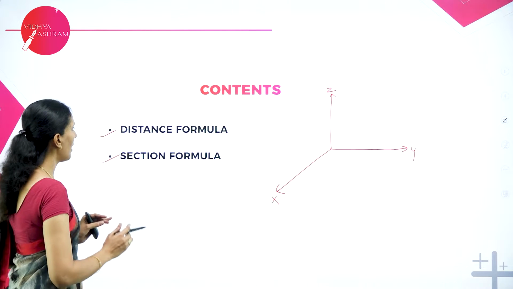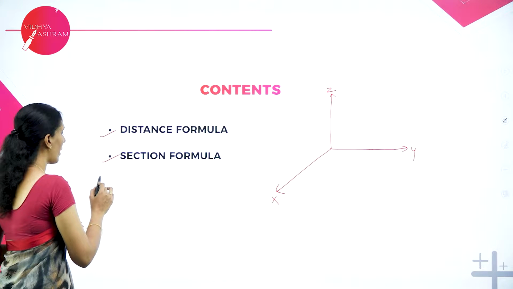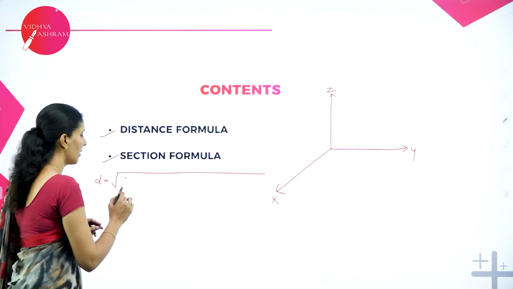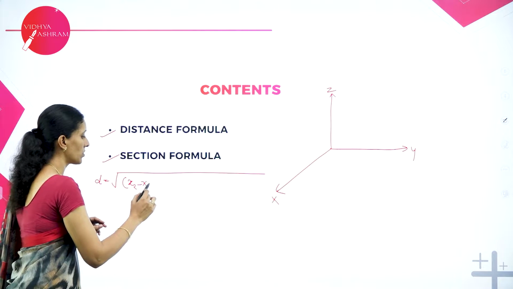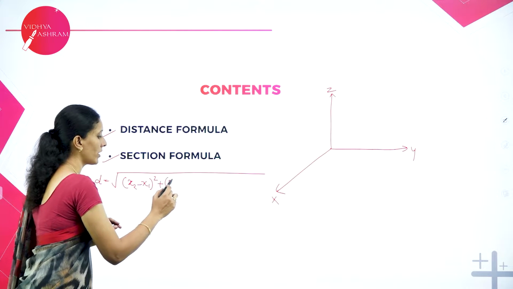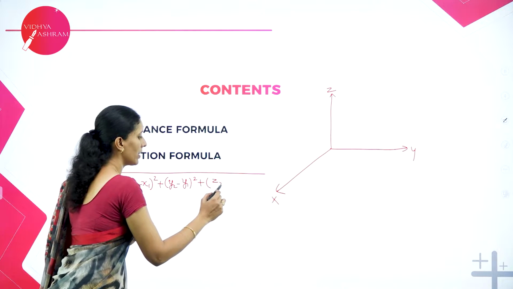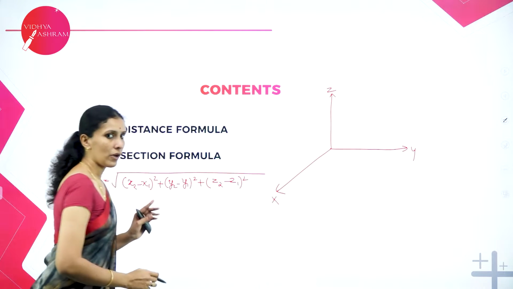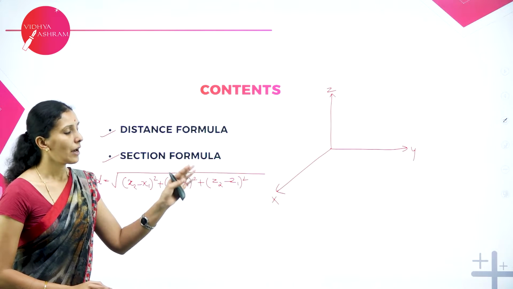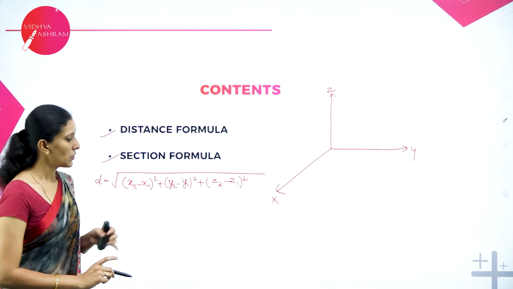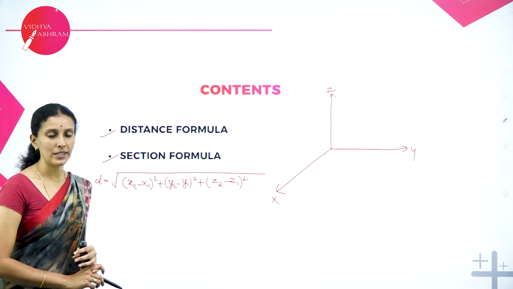So distance formula is given by, we can write it as small d is equal to square root of x2 minus x1 whole square plus y2 minus y1 whole square plus z2 minus z1 whole square. Because all the points in the three-dimensional axis is represented using the triplets x, y, z. So we have three particular components here.